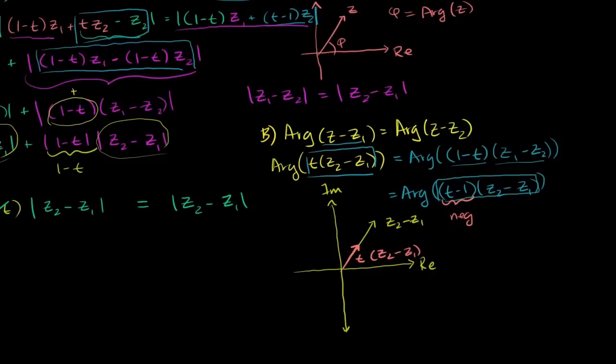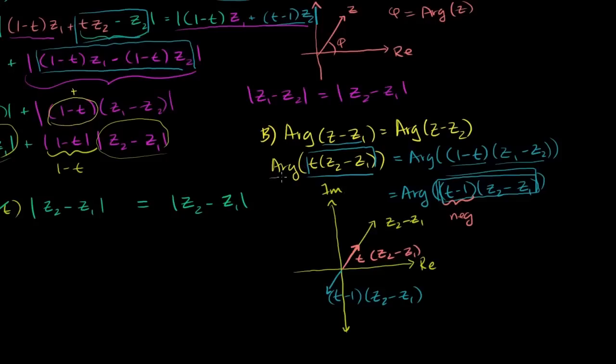So this thing right over here, (t minus 1) times (z2 minus z1), is going to look like this. This is (t minus 1) times (z2 minus z1).